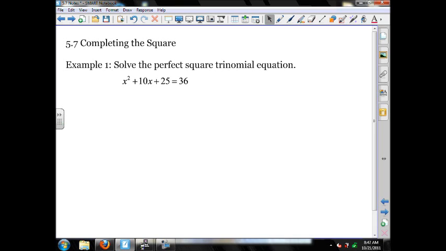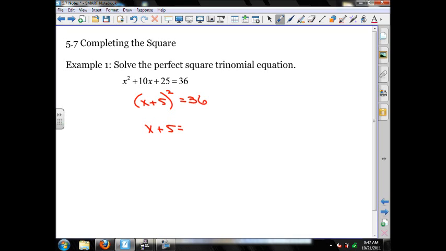So if I wanted to factor the left side, how would it factor? X plus 5 and x plus 5. So I could write that as x plus 5 quantity squared equals 36. If I'm solving for x, what would I want to do to both sides next? Square root both sides.